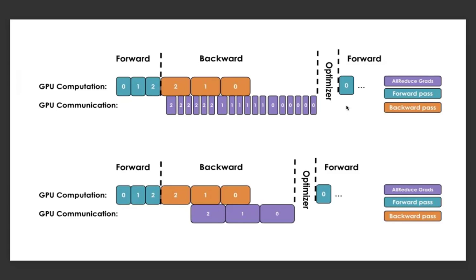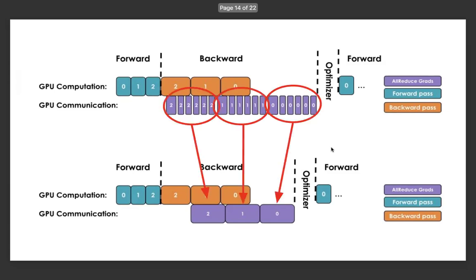This way we get a bit of delay, like this white space after the backward pass, to communicate the last batch of gradients. But it turns out that communicating fairly large units is much more efficient than communicating multiple small units, especially when you have many GPUs. So this is what happens: instead of multiple gradients for last layers, only one huge chunk.